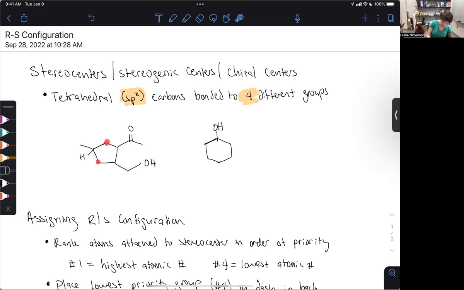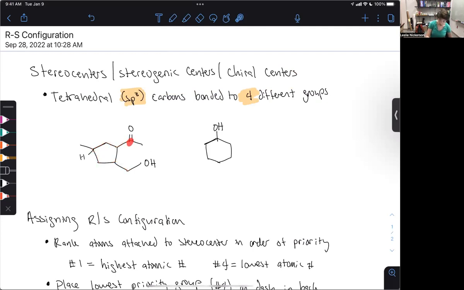So if we go here, then we say, okay, well, those are the same. So then we go here, and you could probably argue to me that those 2 CHs are the same. But once we hit here and here, those are certainly not, okay? So we have to travel along this entire path until we find a point of difference or hit the end.